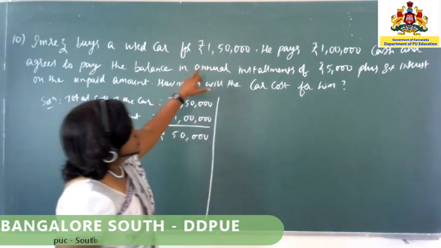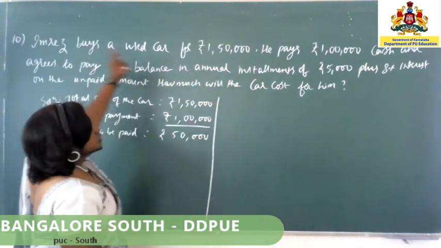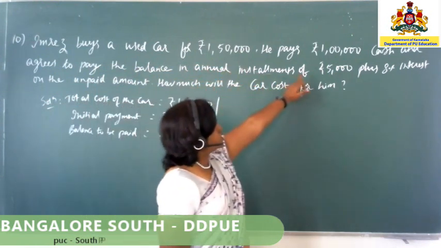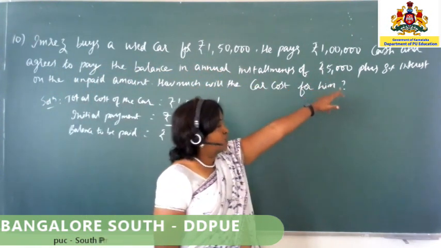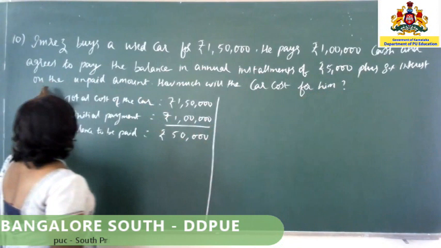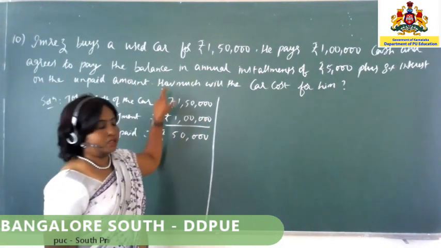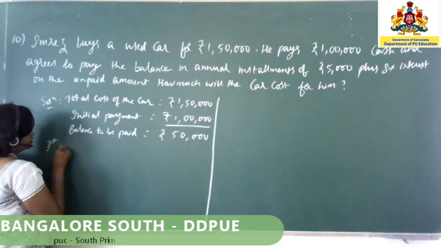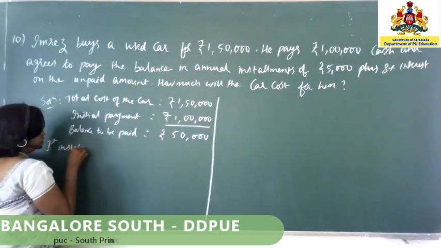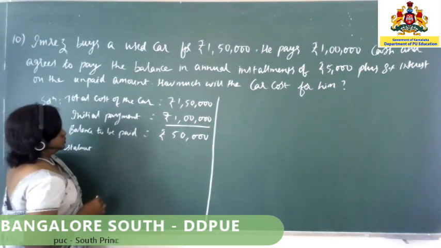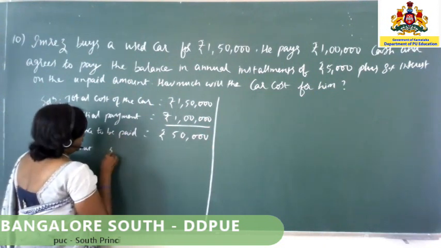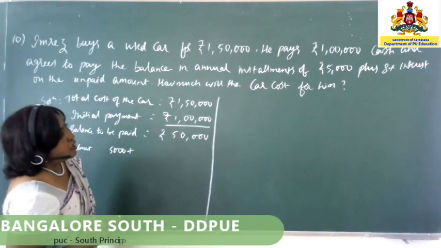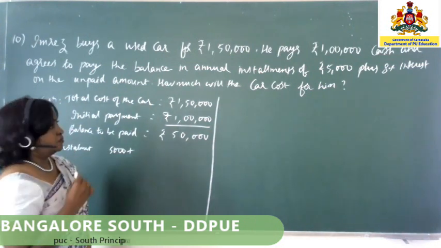So now he agrees to pay the balance in annual installments of rupees 5,000 plus 8% interest on the unpaid amount. That means the first installment will be 5,000 plus 8% of the balance.